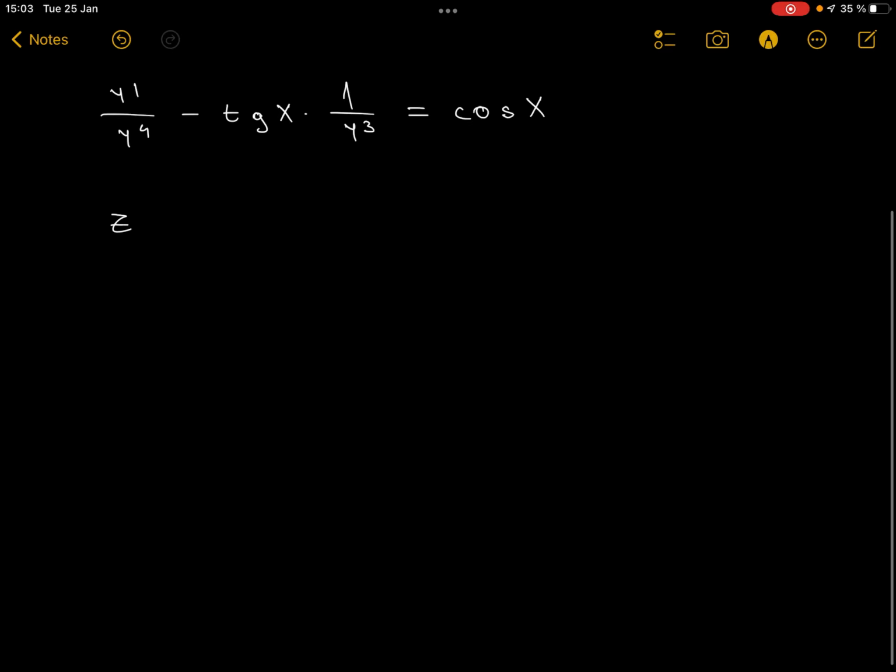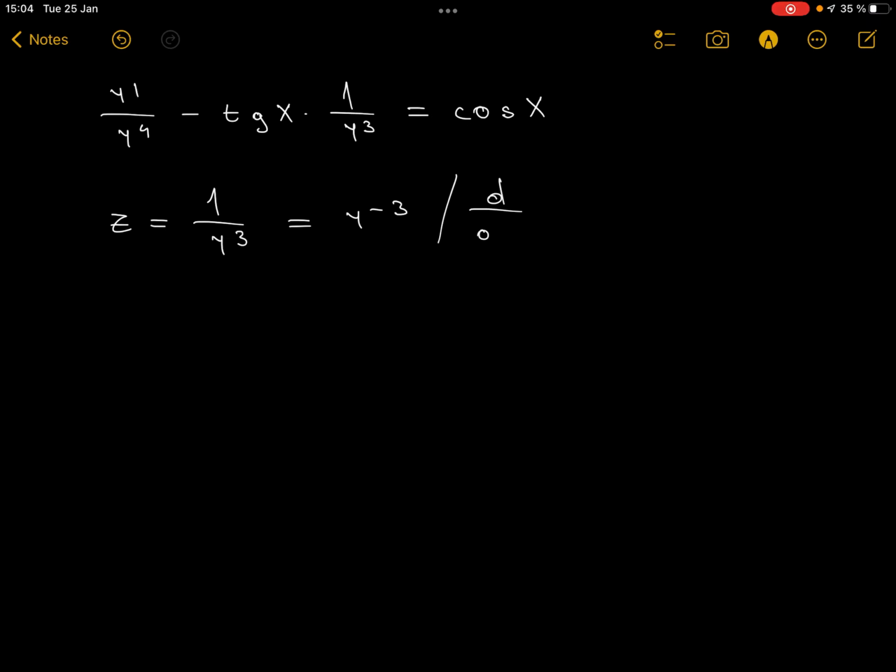Now we're going to do a z substitution, where z is also a function of x, and z is going to be 1 over y to the third power, or y to the negative third power.